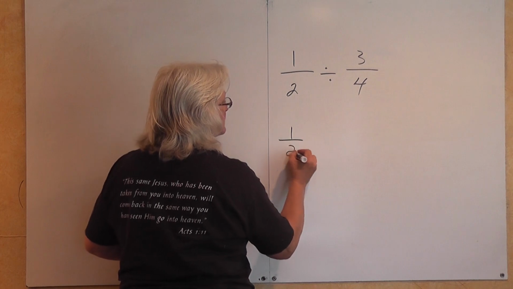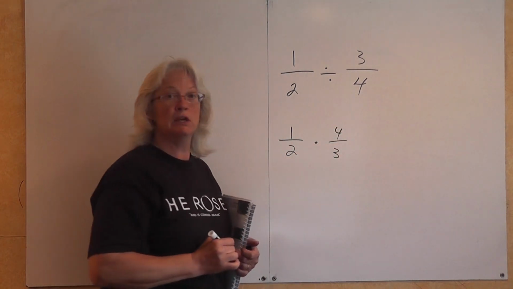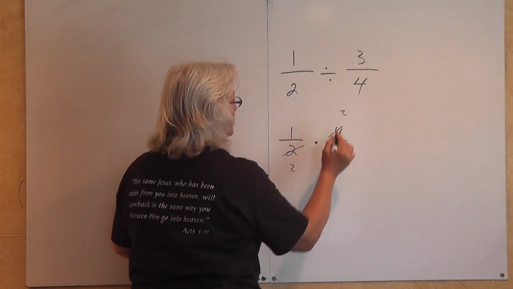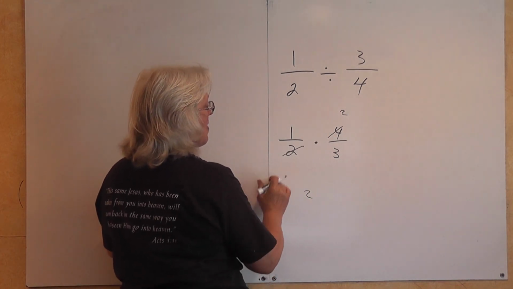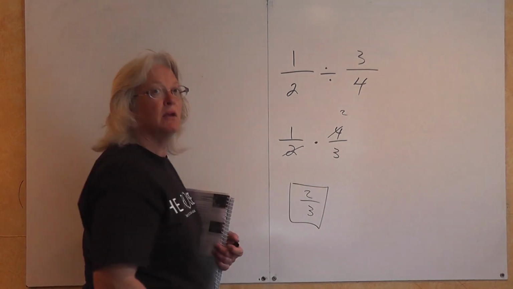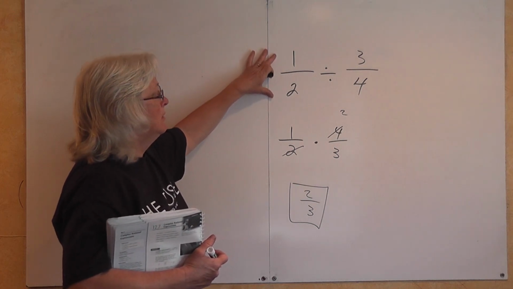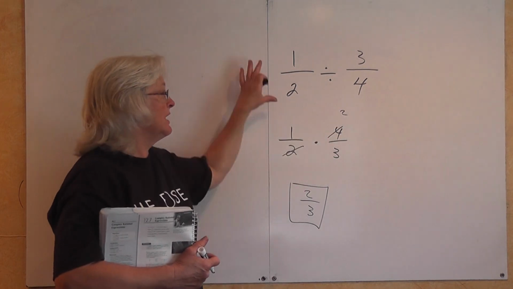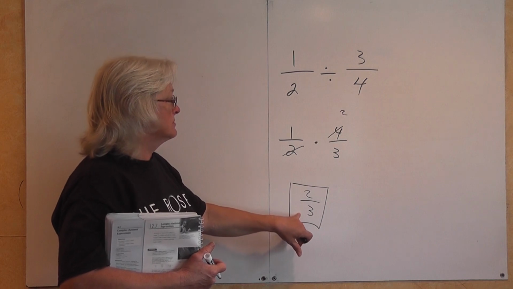In other words, you turn that second fraction upside down, and it becomes a multiplication problem. Cancel common factors, and you end up with 2/3 as a solution to this division problem. 1/2 divided by 3/4 is 2/3.